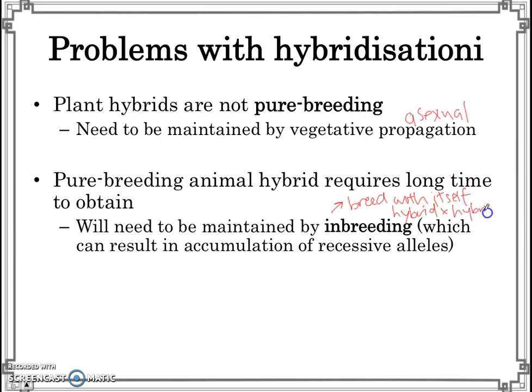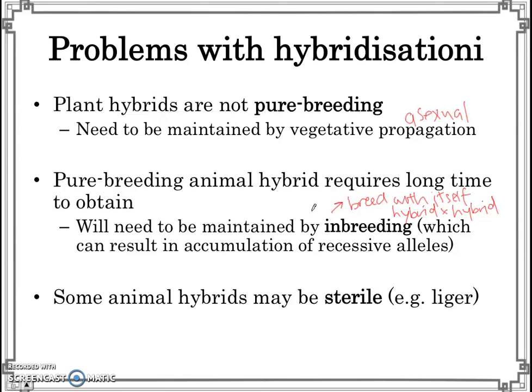Now the problem with breeding a hybrid with itself is that even though you get all the beneficial traits in the hybrid, you can also end up accumulating a lot of recessive and harmful traits in the hybrid, right? Because you're just breeding it with itself, you're just recycling and rearranging all those recessive alleles, and over time you might get offspring with all the recessive alleles as well.